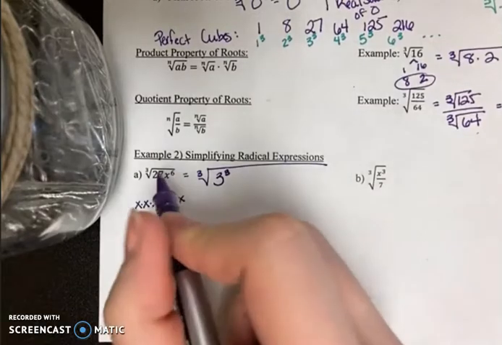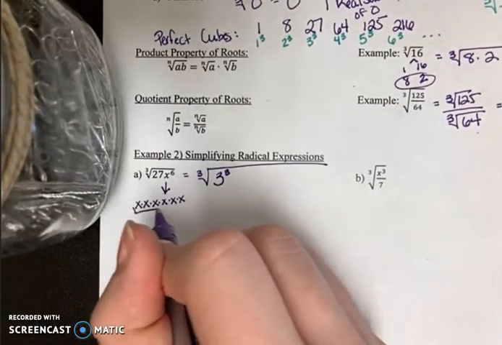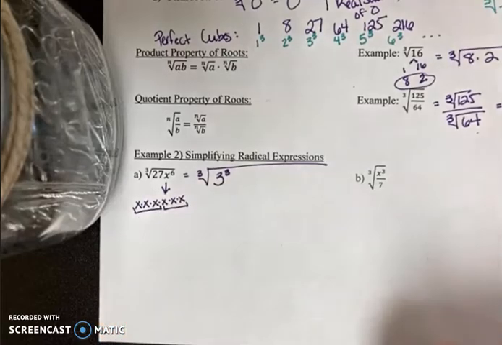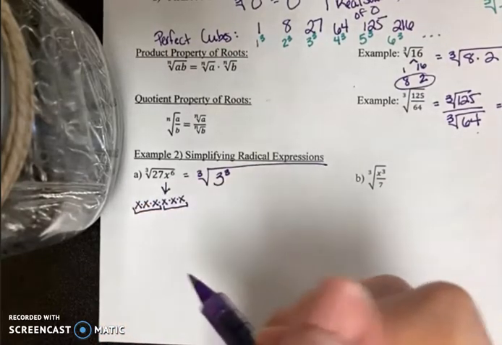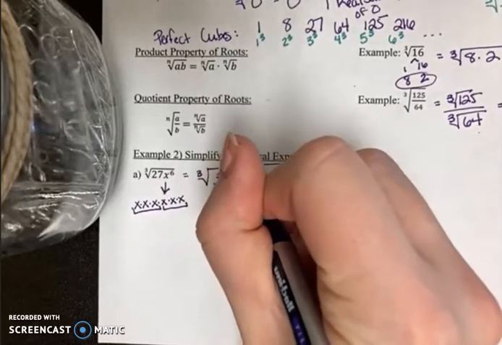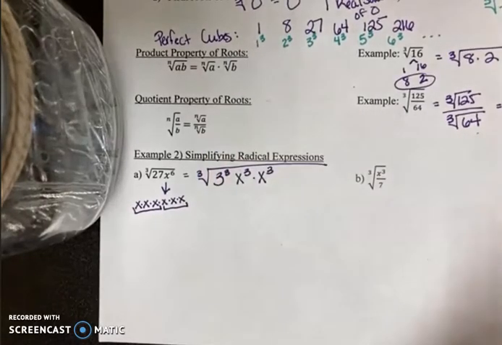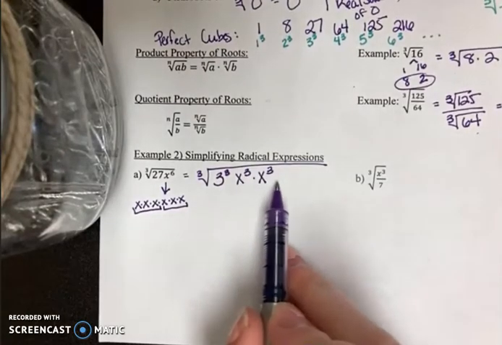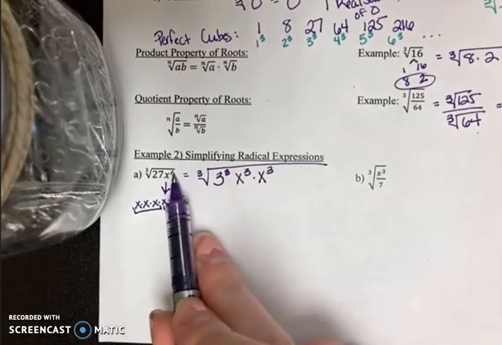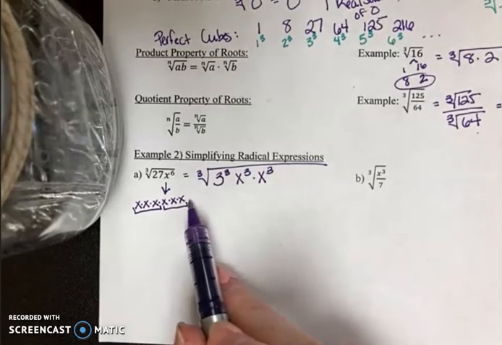If I want to rewrite x to the 6th power as perfect cubes, that would be sets of 3. So I can rewrite x to the 6th power as x cubed times x cubed. Notice how if I think about my properties of exponents, 3 plus 3 is 6. And there were no x's left over.